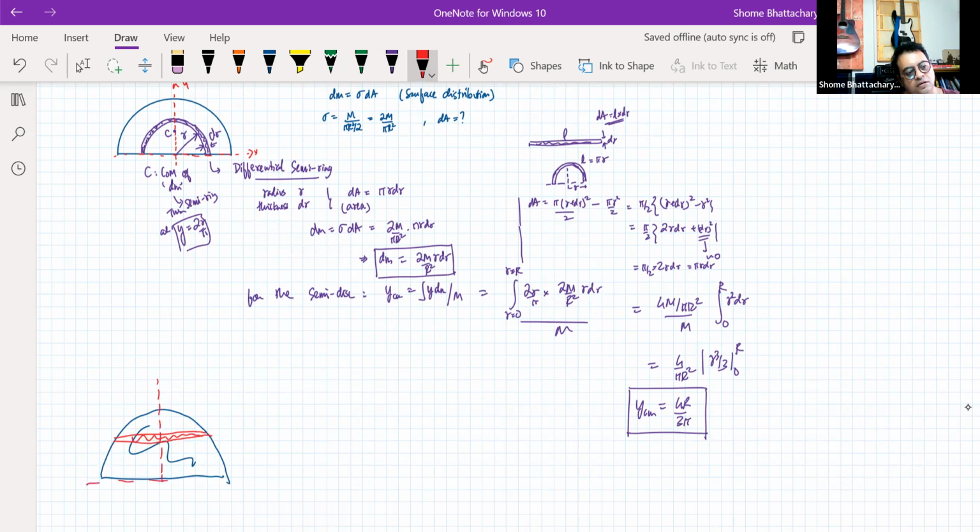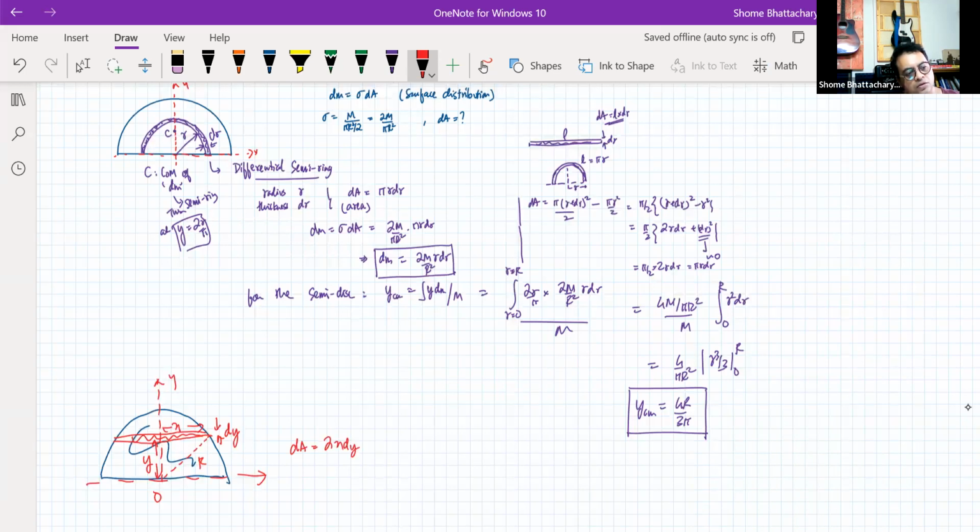So if we do that, let's say at a distance y, you've sliced a rod whose thickness is dy, and this length here is x. So the total length of that rod is actually 2x. So the area of that thin rod will become 2x into dy.